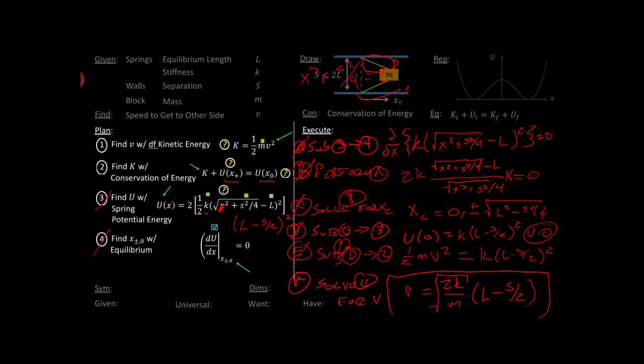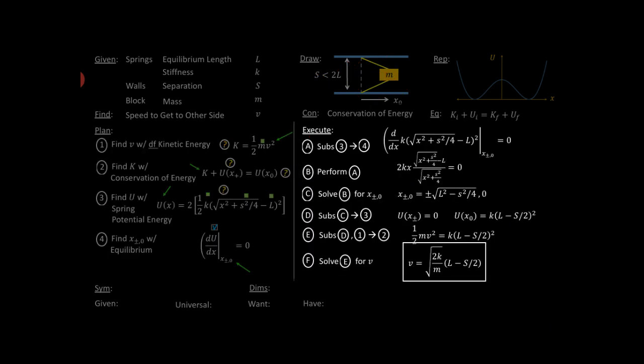It's a little weird, right? Because we've got this L minus s over 2, and it's not directly related to something geometrical. But it's pretty nice anyway, I think. So now that we've got that, here's the answer, a little prettier. And then we have to go on and check that answer.